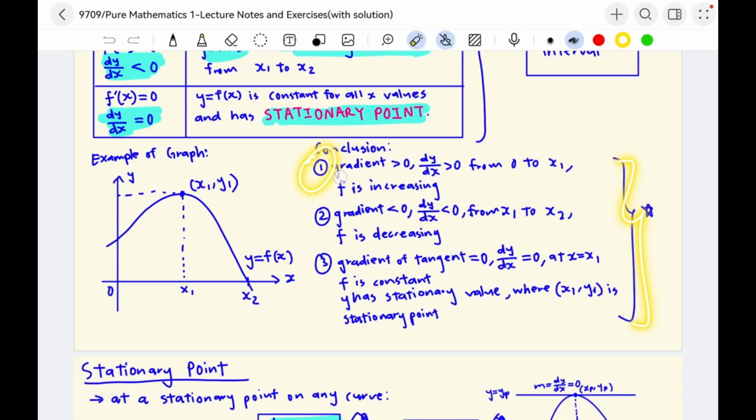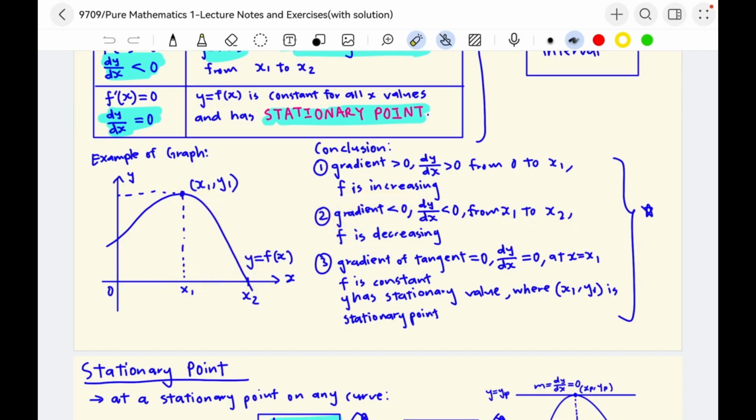So here's the conclusion. First, the gradient is greater than 0, so f is increasing from 0 to x1. The gradient is negative from x1 to x2, which means that f is decreasing from x1 to x2.